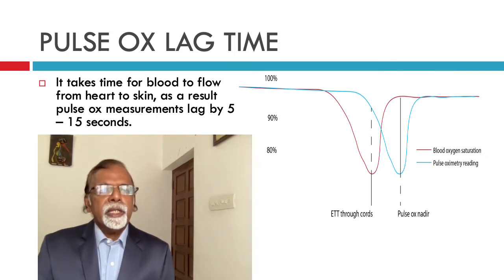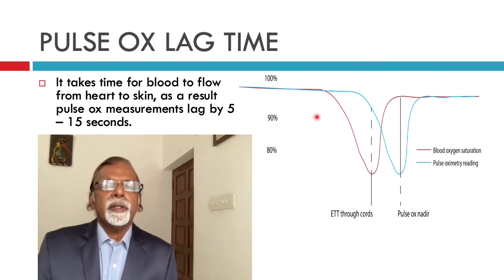One word regarding pulse ox lag time. Here you can see the red color, it is the blood saturation, that is PaO2. Following cardiac arrest, once you revive, it will go back to normal.